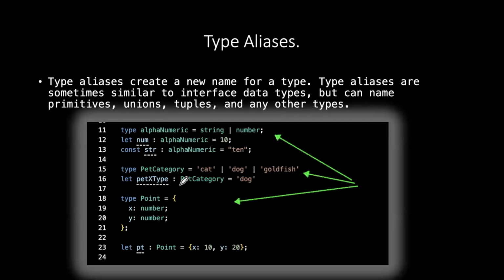Type aliases. Now, type aliases, we said, overlap with interface data types. There's a lot of people that wonder why a certain syntax is allowed for type aliases.